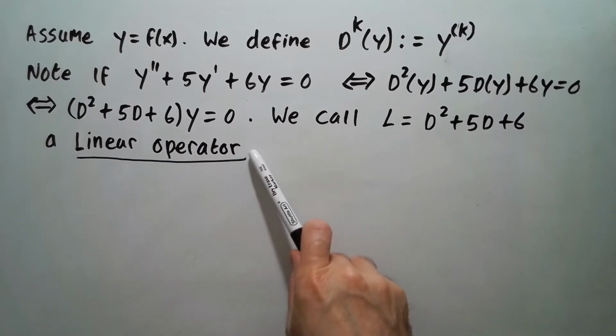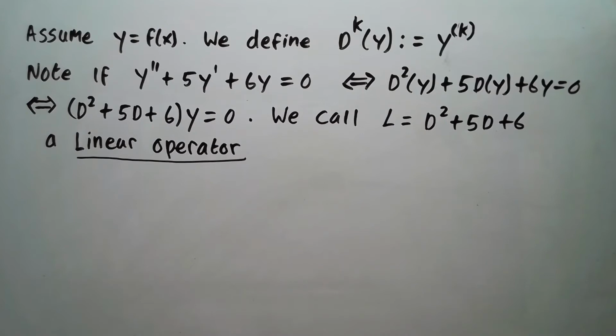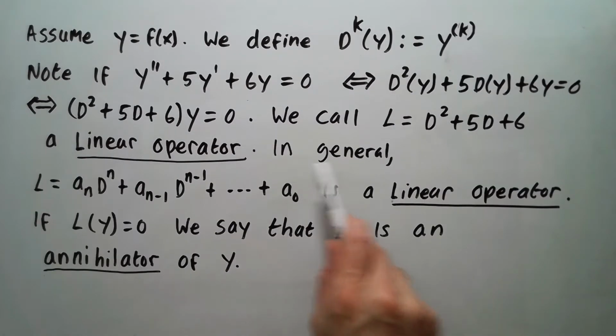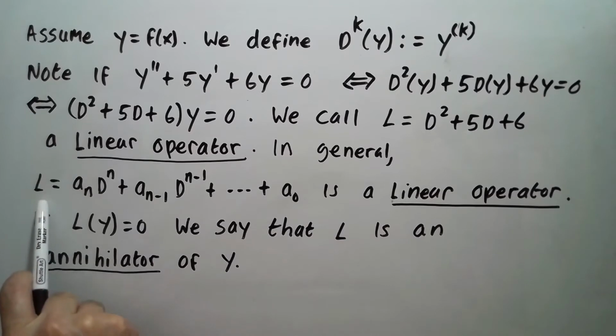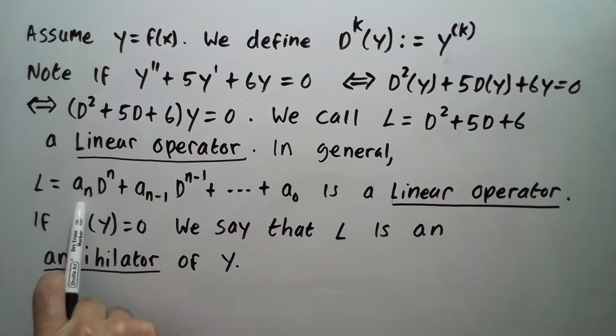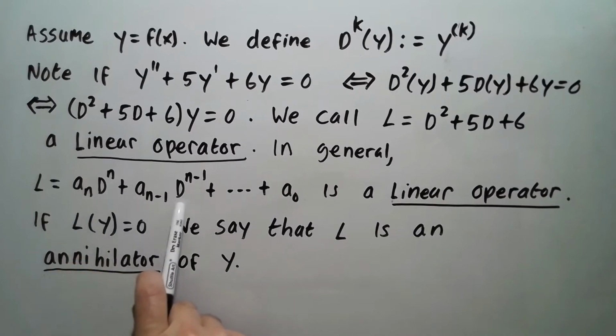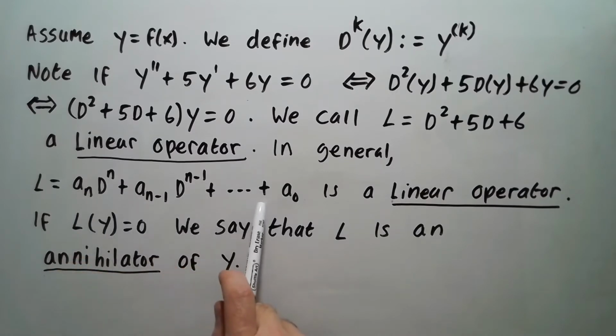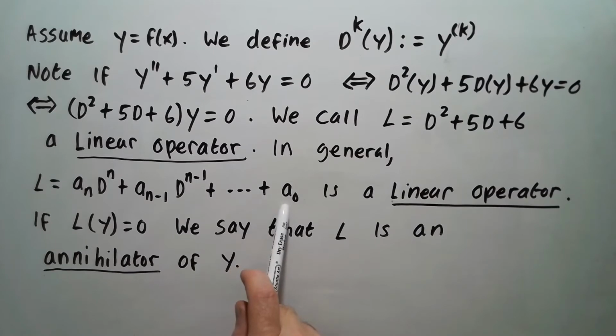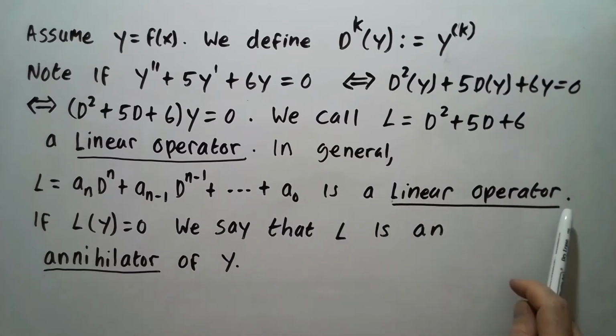So let's generalize this idea now. In general, L equal to a_n D to the n plus a_(n-1) D to the n minus 1 plus dot dot dot, all the way down to plus a_0, where the a's are constants, is a linear operator.